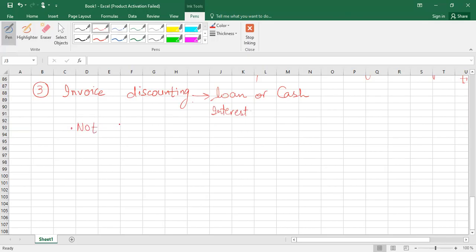But they are not going to take any responsibility to deal with your receivables, and they are not going to take any responsibility towards bad debts.